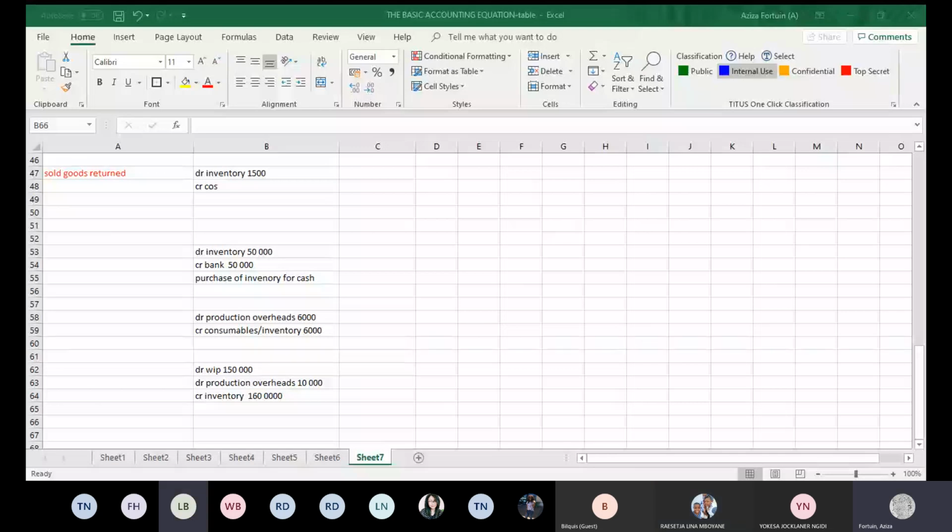Production overheads are assigned to the work in process, so you're going to debit your work in progress account and credit your production overheads account.